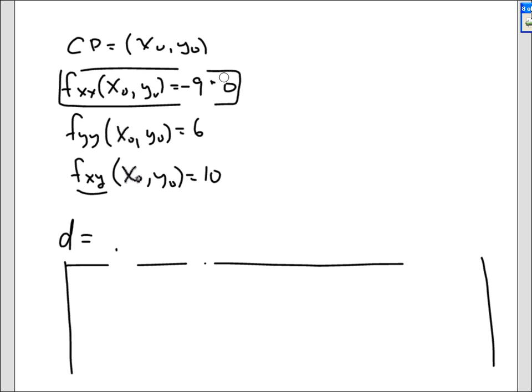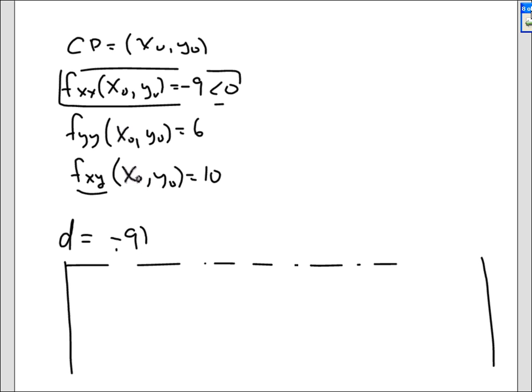And since fxx is negative, if D is positive, then you get an answer, max or min. If D is positive, then if this is negative, you have a max. If fxx is positive and D is positive, you have a min.